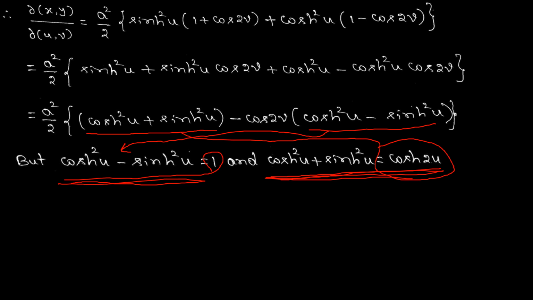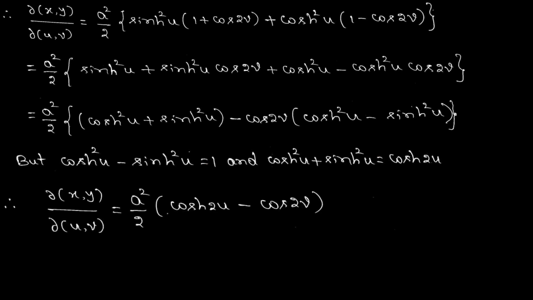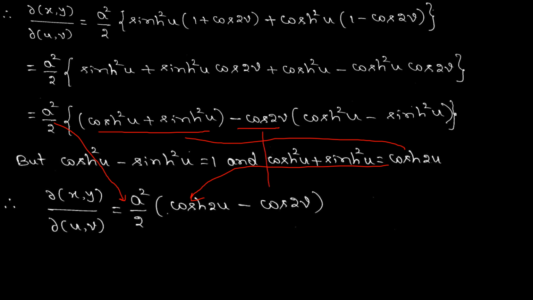Let us replace these identities in the above equation. I have written a square by 2 as it is. This has been replaced as cosh 2u minus cos 2v as it is, and we have replaced in this place 1, which is not shown here.